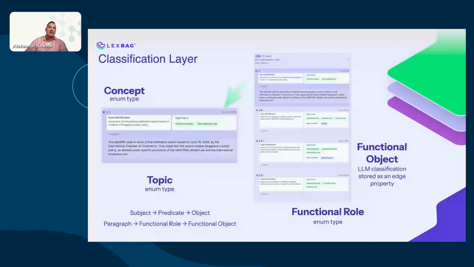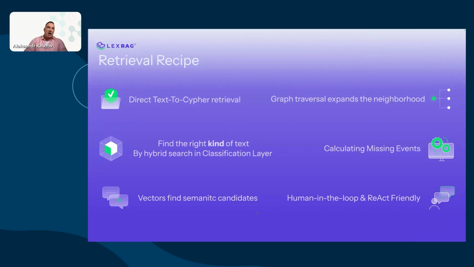So how does it help us to extract the context? First of all, direct text-to-cipher retrieval is very helpful when you need to extract the particular text of the decision or a particular paragraph or particular provision of the act.